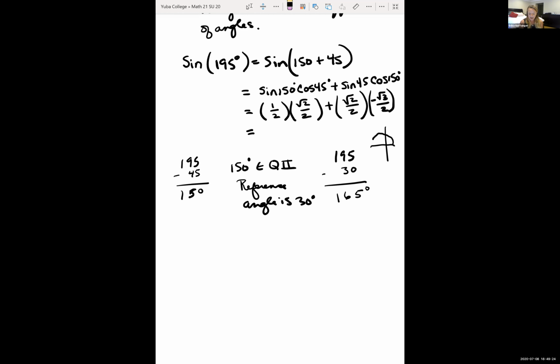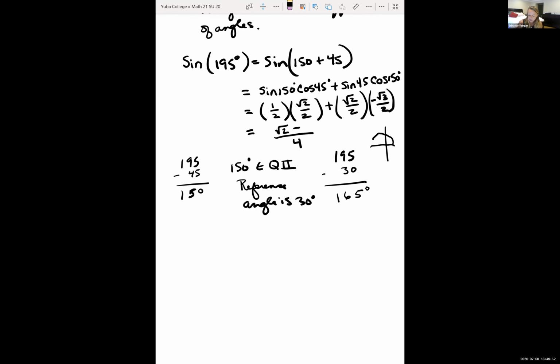So if I multiply out my denominators, 2 times 2 is 4 here, 2 times 2 is 4 here. I notice I have a common denominator, so let's just put it all over 4. So my numerator for the first multiple fractions, 1 times root 2 is root 2. And then over here, I have root 2 times a negative root 3. So it's going to be a minus.